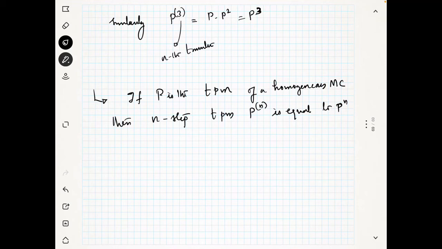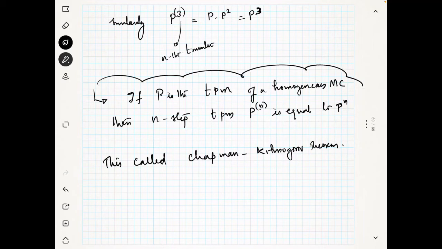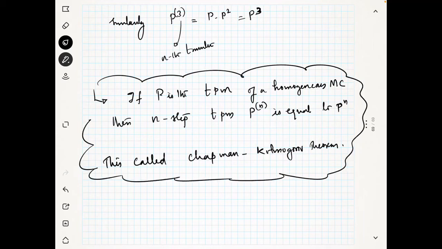And this is called the Chapman-Kolmogorov theorem. So this is the theorem, and this is how we can find the transition probability matrix at the nth time step.